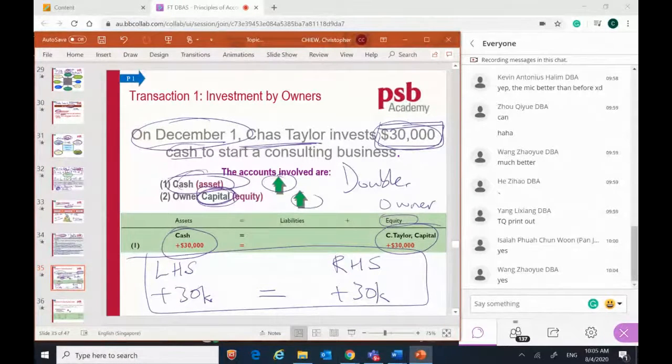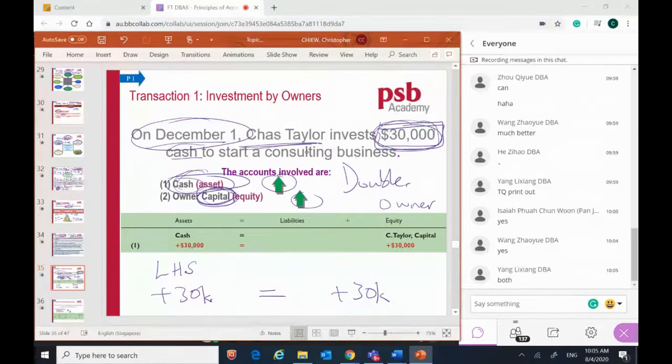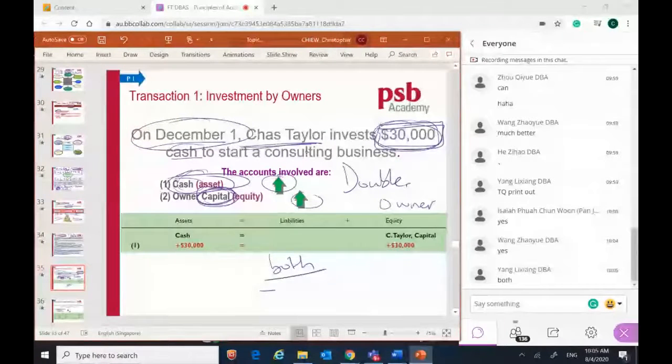Now, at this stage, I know some of you may be thinking, actually this $30,000, is it your cash or is it your capital? Very good. It is actually both. Okay. It is both sides of the same coin.